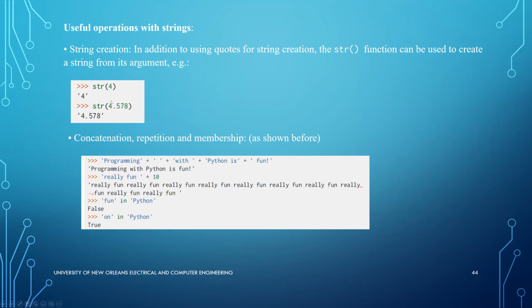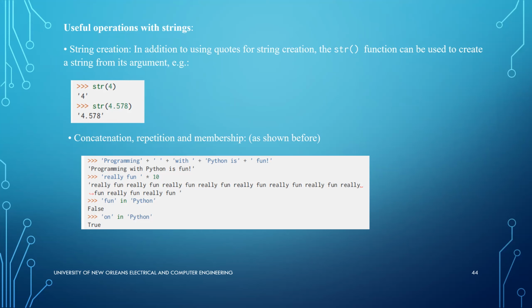If I want to make a number into a string, it's very easy. I just type str in parentheses, whatever number I want to make into a string, and it converts that into a string. In many cases, that's useful if you want to display information. Converting numbers to strings is a very quick way of doing that.